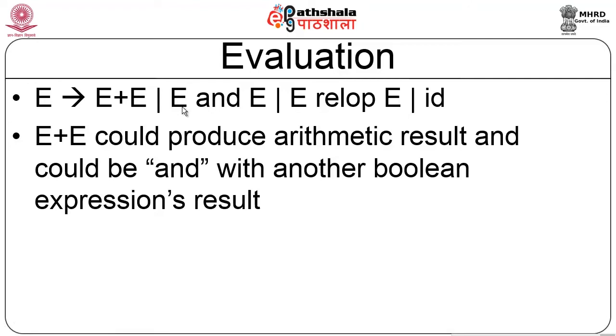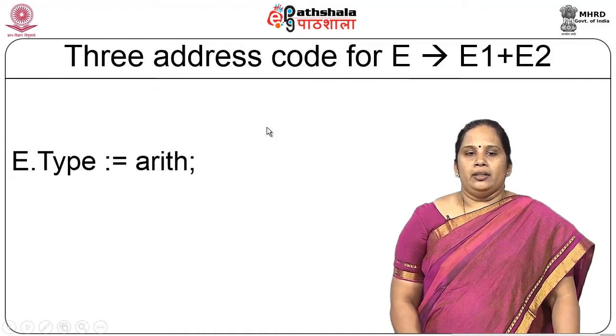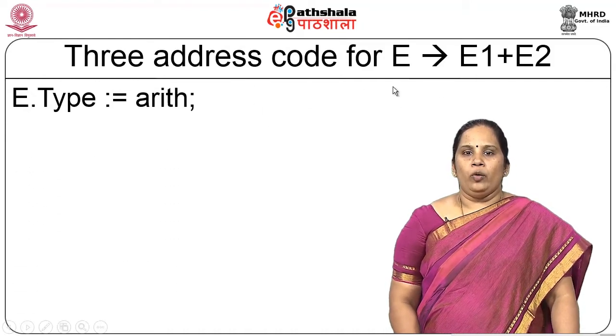So, that can be a negative or a positive value. If it is negative, how do I deal with it? If it is positive, how do I deal with it? That is what we are going to look at. And this other E could be the result of a Boolean expression. In that case also, how am I going to handle it? This is what we are going to see here, and the 3 address code for this particular scenario involving E produces E1 plus E2.